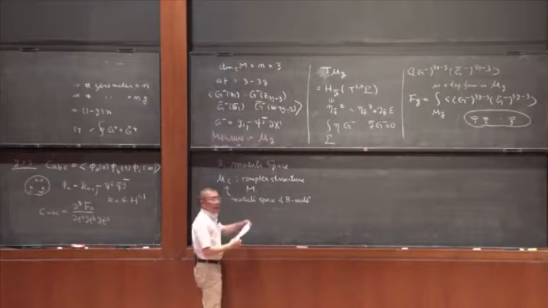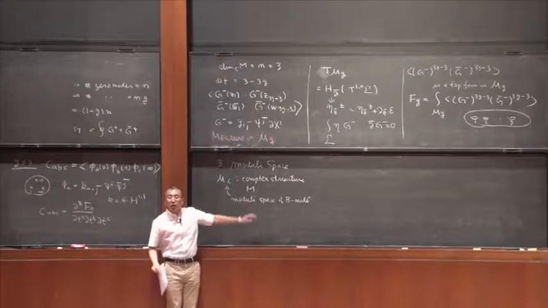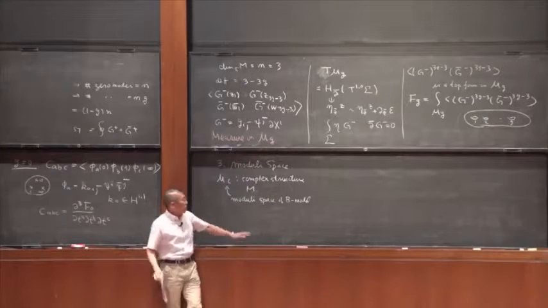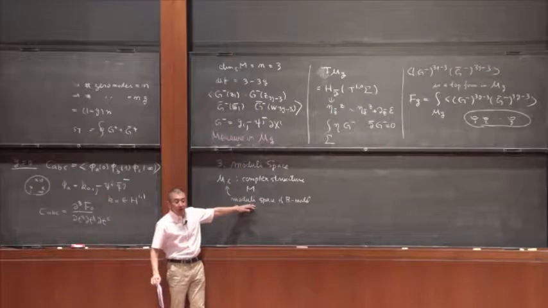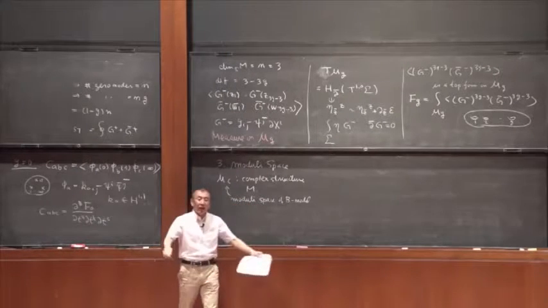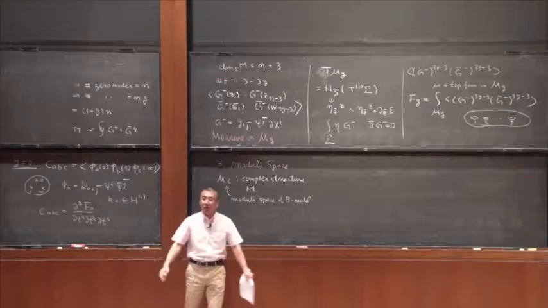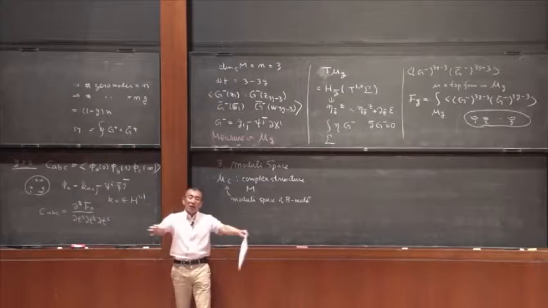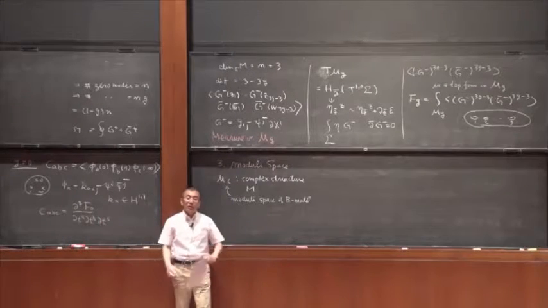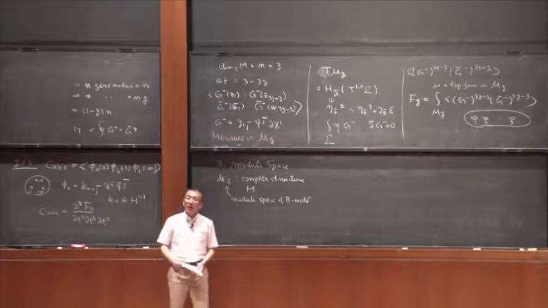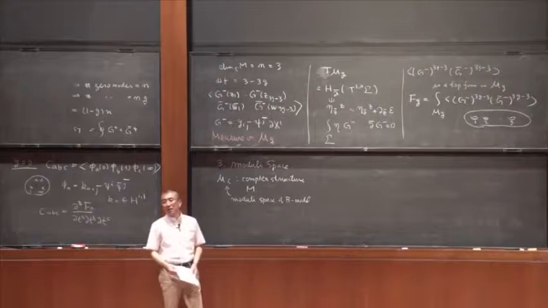In this case, we can actually borrow results from mathematics because the B model observables are independent of the size of the Calabi-Yau manifold. It's independent of the Kähler structure. So you can take the size of the Calabi-Yau very large, and then the leading order result in the alpha prime expansion becomes exact.